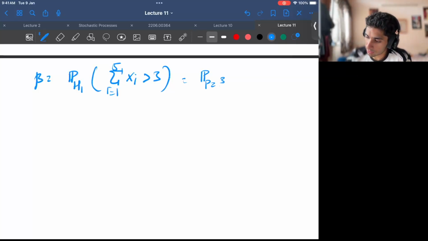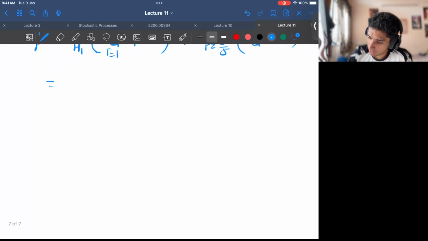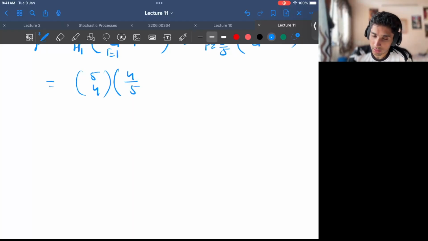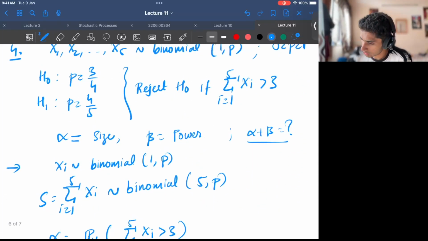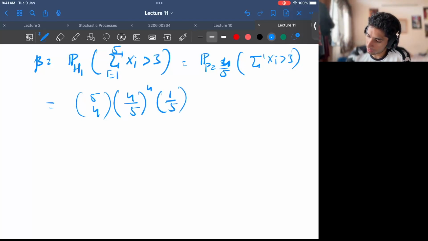Okay, sorry, this is not 3 by 5, it's 4 by 5 under h1. Summation xi greater than 3, now doing the same thing: 5c4, 4 by 5 raised to 4 times 1 by 5, plus 5c5, 4 by 5 raised to 5.